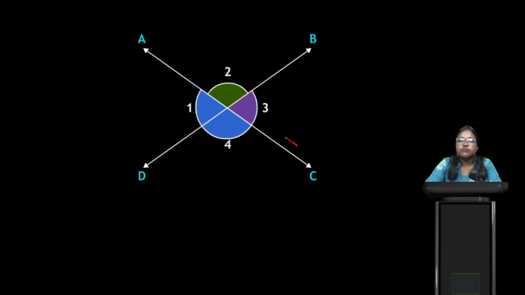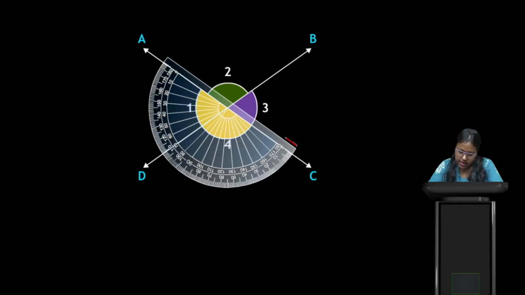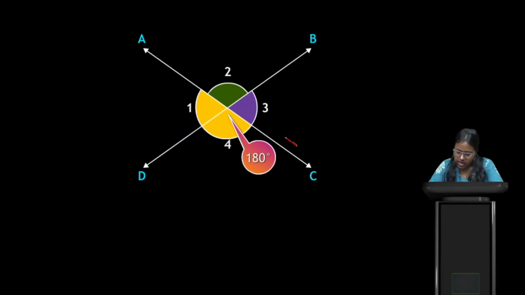Next, angle 1 and angle 4. If you add angle 1 and angle 4, which straight line are you getting? AOC.